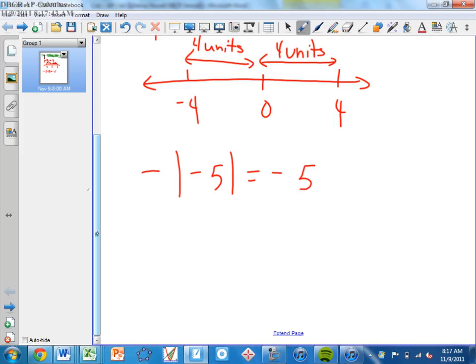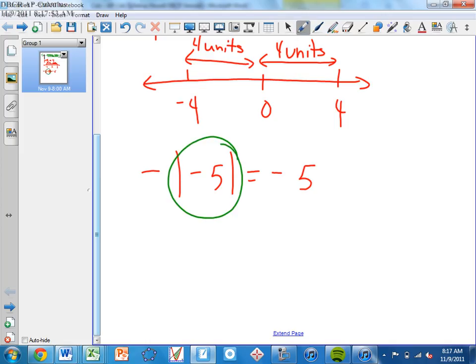The value inside is really +5, and the negative says do the opposite of +5, which is -5. So the negative doesn't cancel here.